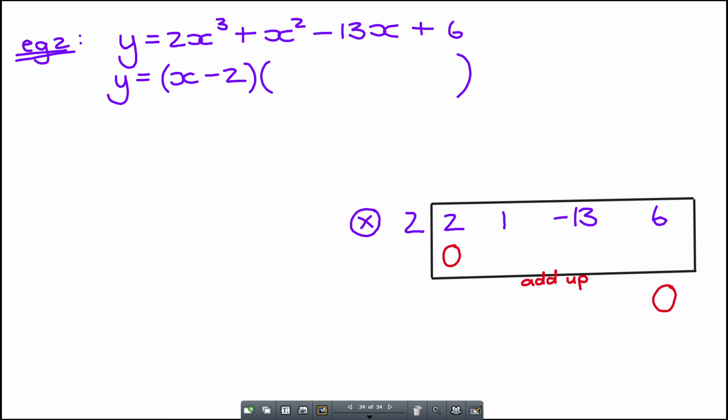Is julle klaar? Almal klaar, wie is nog besig?